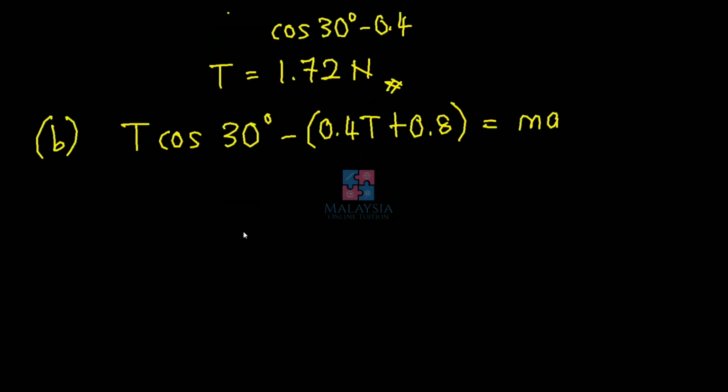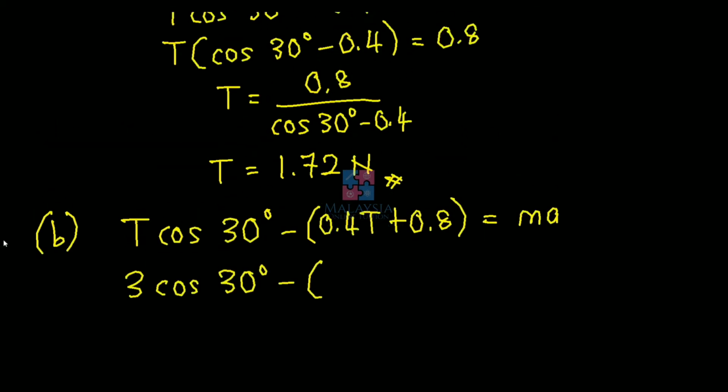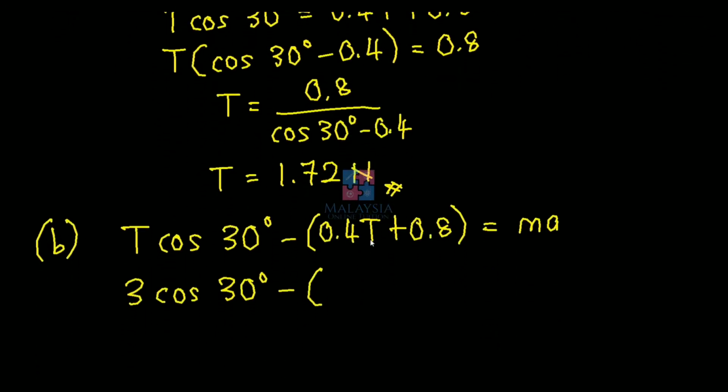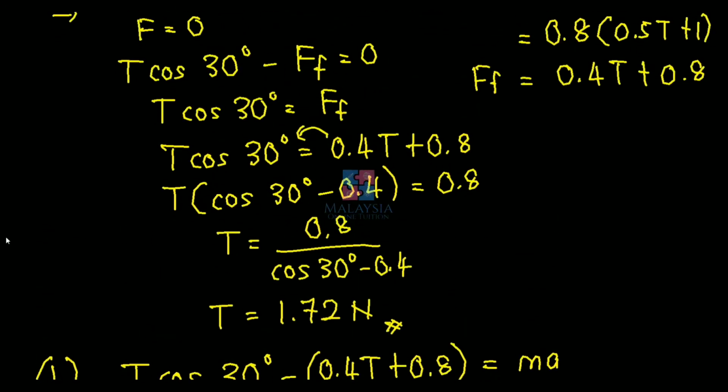Now T is 3, so 3 cos 30 degrees minus 0.4 times 3, so that will be 1.2, sorry, not 1.2, 0.4 times 3, right?